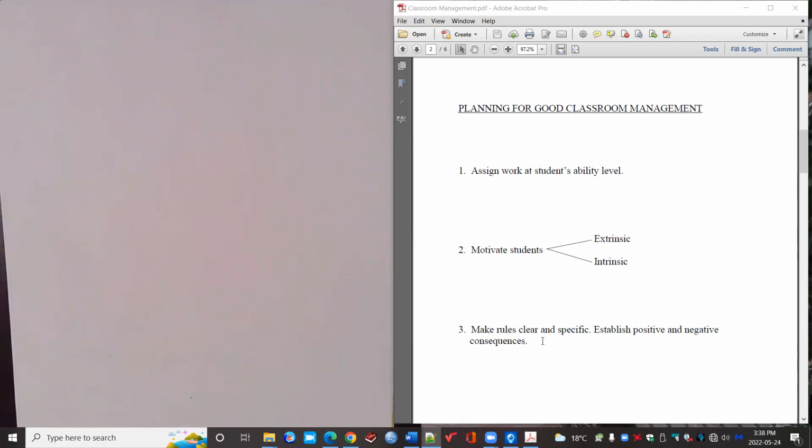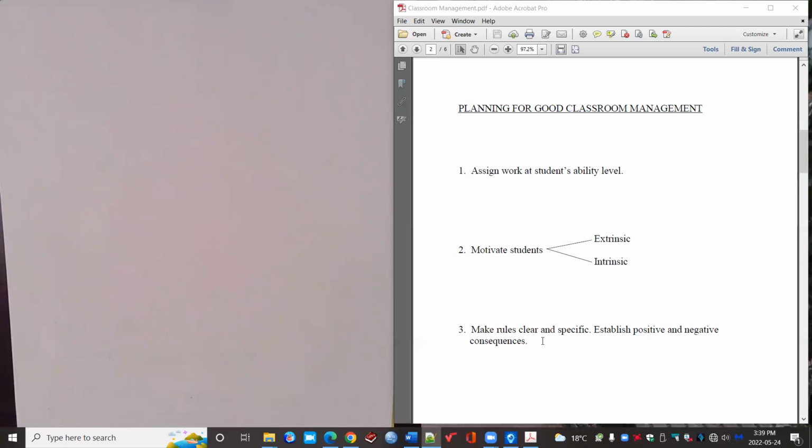So let's take a look at this here. Rules specify expected and forbidden actions in the class. Right? So that's what rules are for. And the next point is to determine beforehand the consequences for following and breaking rules.